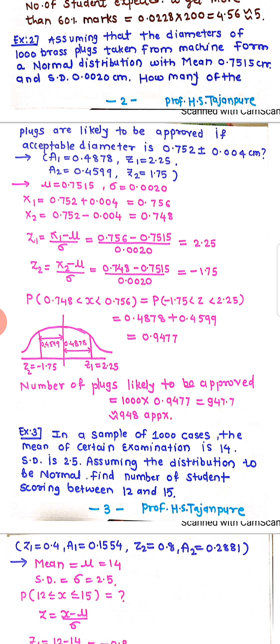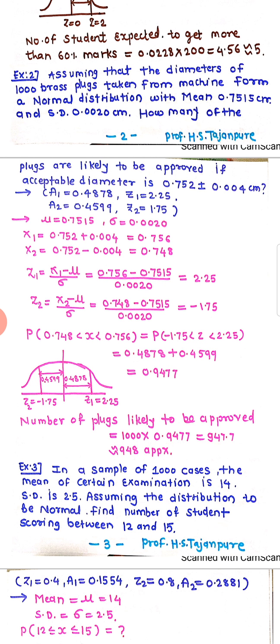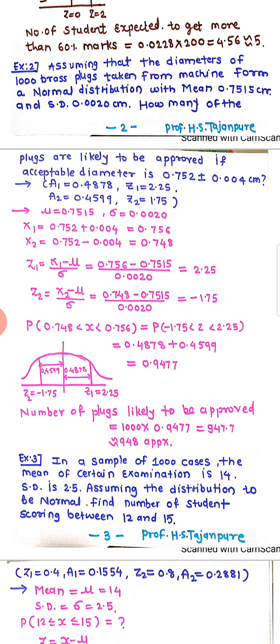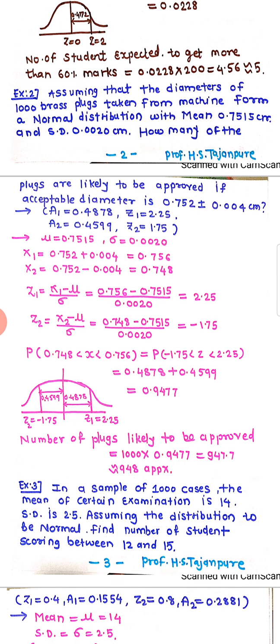So see the given things: mu, that is the average, the mean, is 0.7515. Sigma, that is the standard deviation, is equal to 0.0020, and the acceptable diameter is in between 0.752 plus minus 0.004, which means you will get two values of x here.